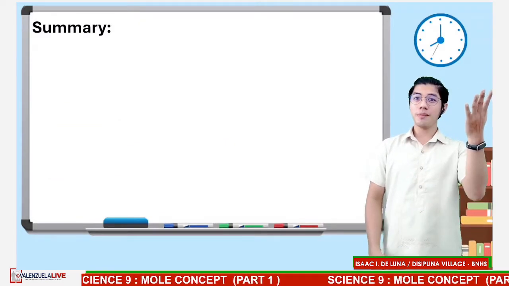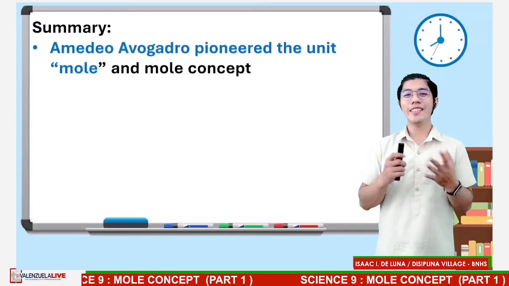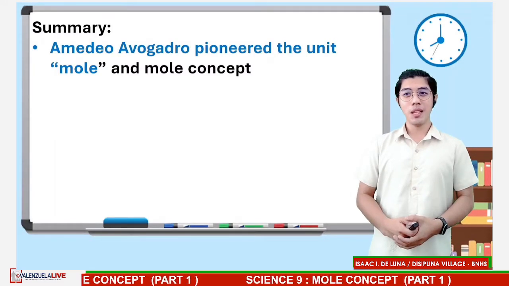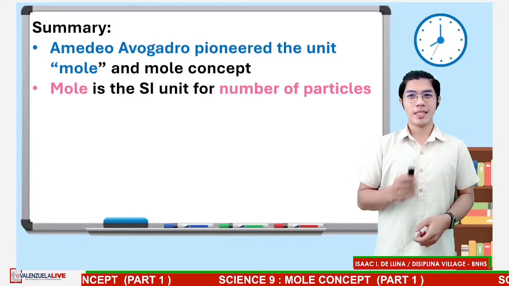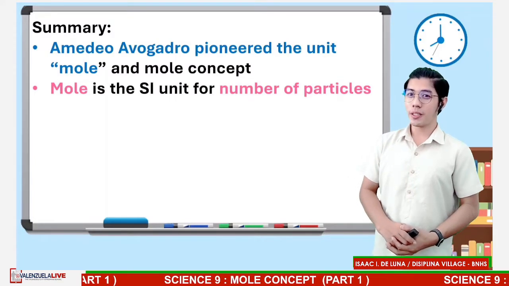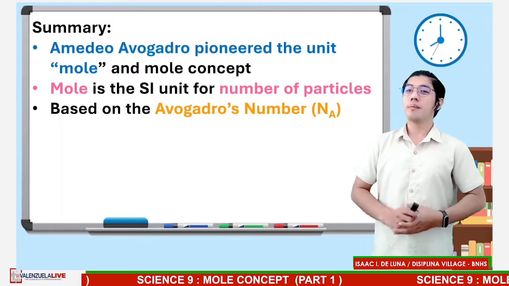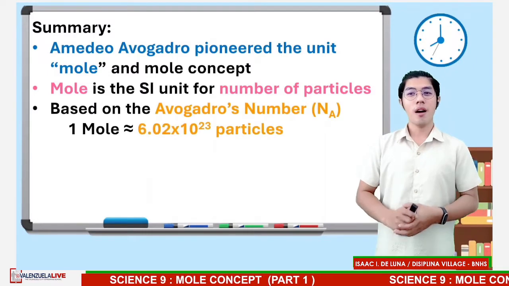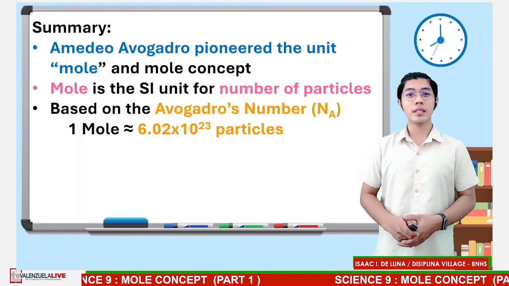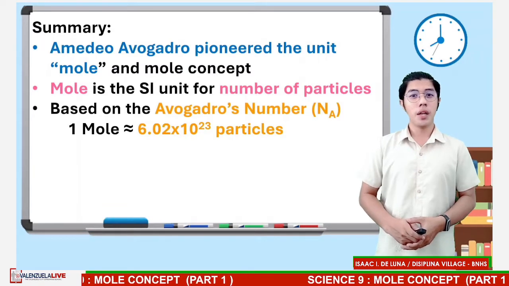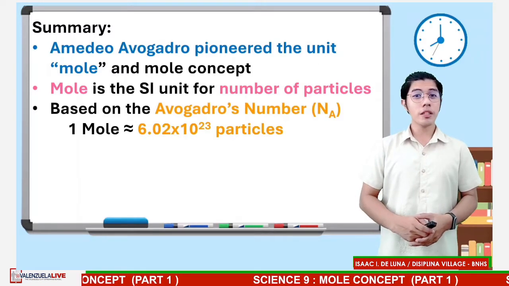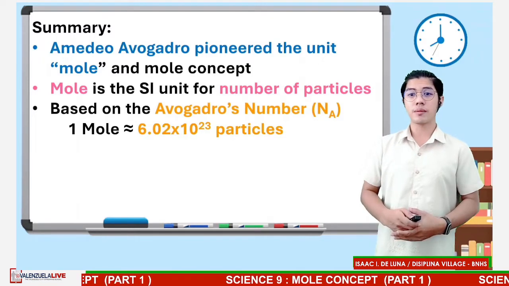Let's sum it up. Today, we learned that Amedeo Avogadro pioneered the unit mole and mole concept. Second, mole is the SI unit for the number of particles. Third, based on Avogadro's number, 1 mole is equivalent to 6.02 times 10 raised to the 23rd power particles that can either be atoms, molecules, or even ions.